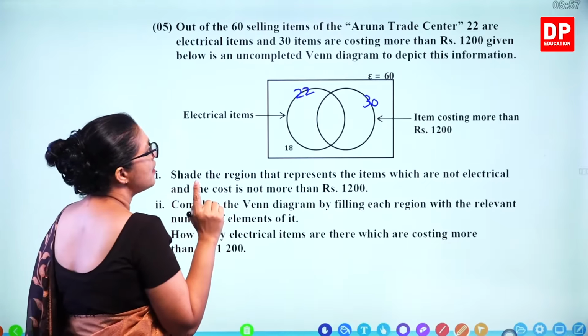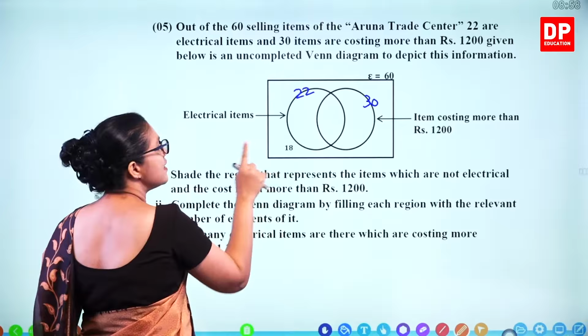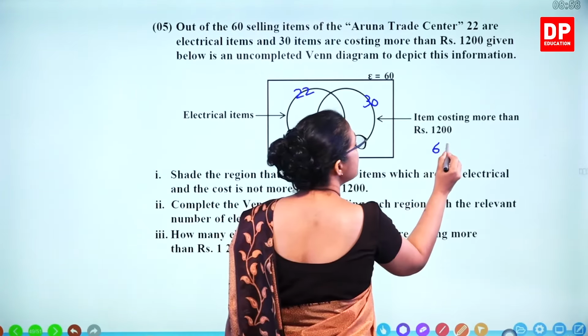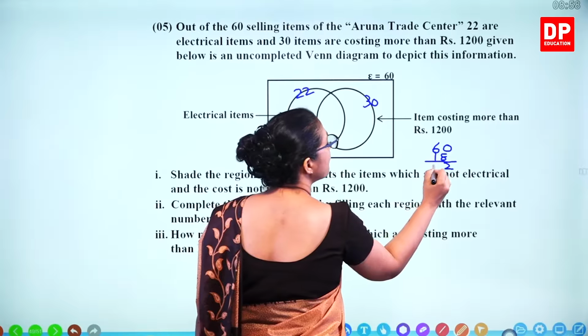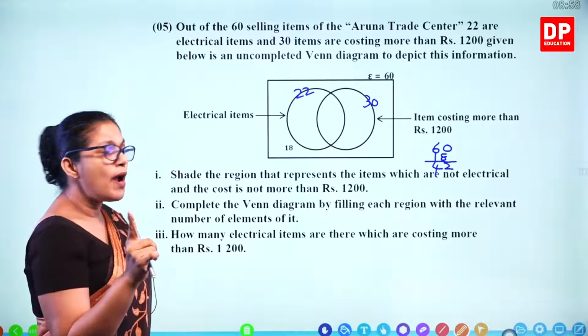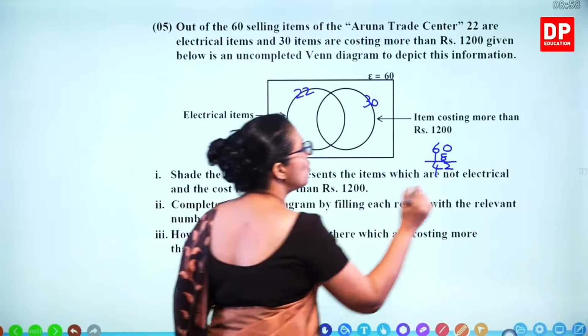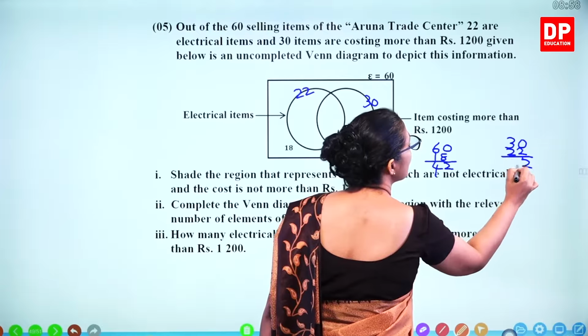How do you fill the other gaps? So this is 60. This is 18. So what is 60 minus 18? 42. So these two should be 42. But when you add 30 and 22, what do you get? 52.